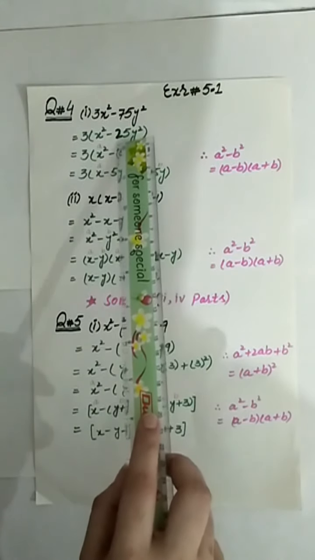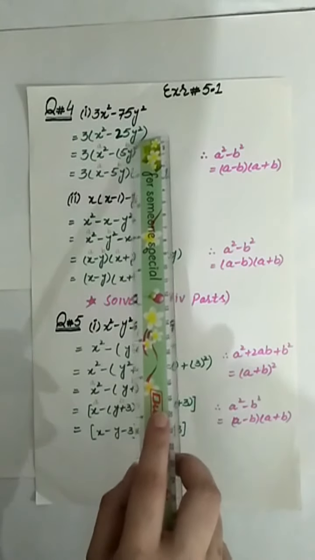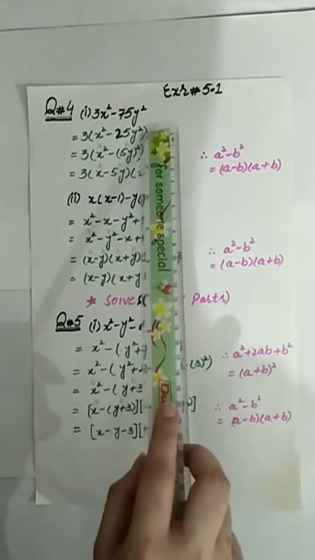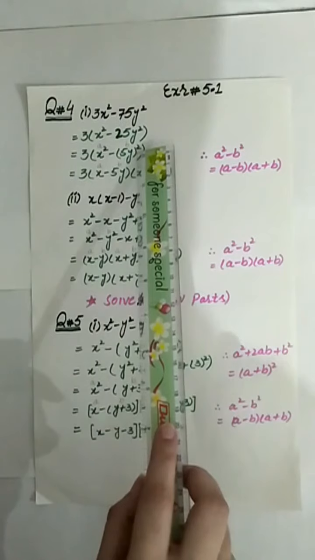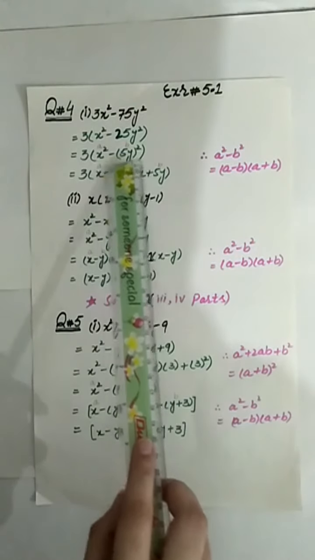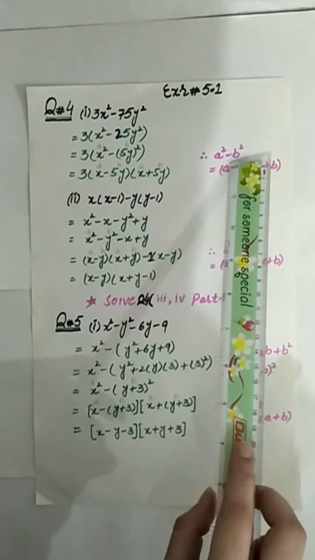Here this 25 is the square of 5 and this y square is the square of y. So we will write this 25y square as 5y whole square. Now this x square minus 5y square is in the form of a square minus b square.